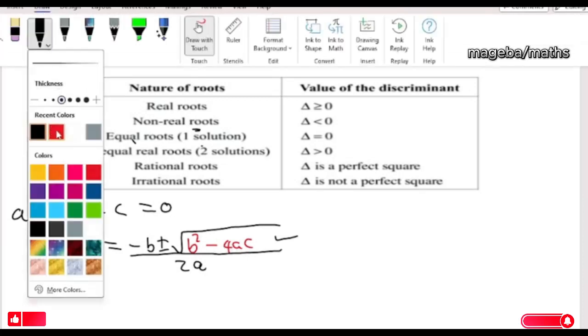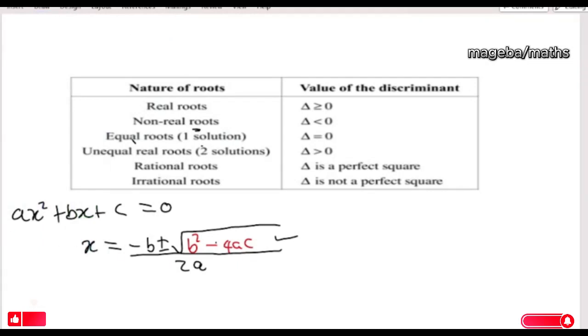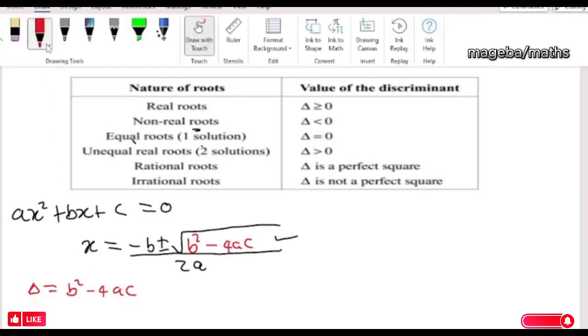This b squared minus 4ac, we call it delta, or the discriminant. That's what we use in order to determine the nature of roots.